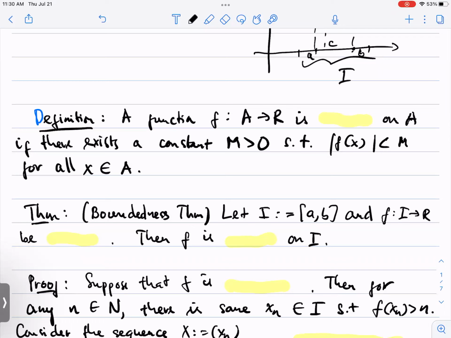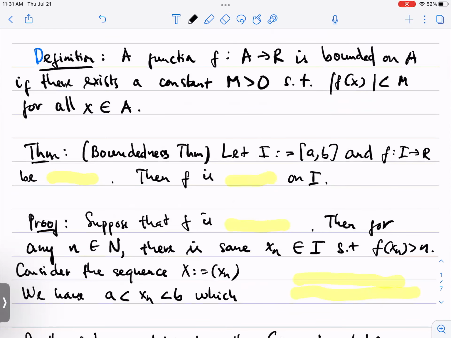So towards that goal, we're going to start with the definition. A function f from the set A to R is said to be bounded on A if there exists a constant m bigger than 0 such that the absolute value of f of x is smaller than m for all x in the set A. So boundedness is a very common notion.